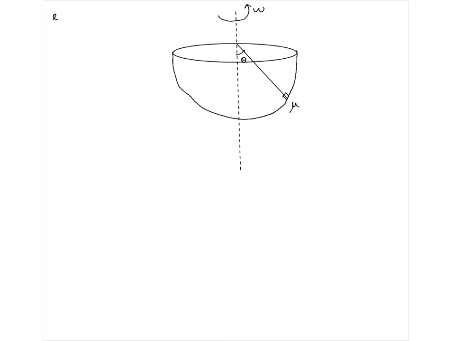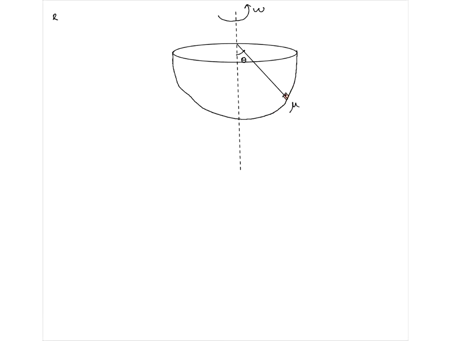Imagine a hemispherical bowl having friction coefficient mu. Some block is kept at some angle theta. The bowl is rotated with angular speed omega. We don't want this object to move up or down.